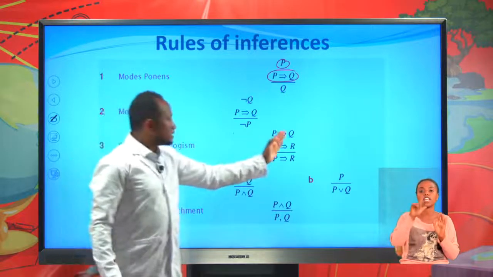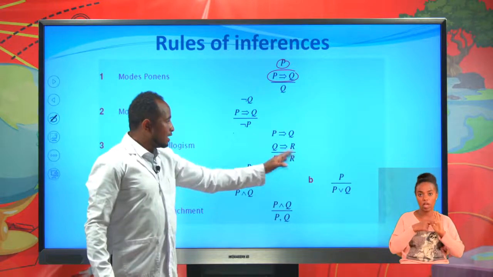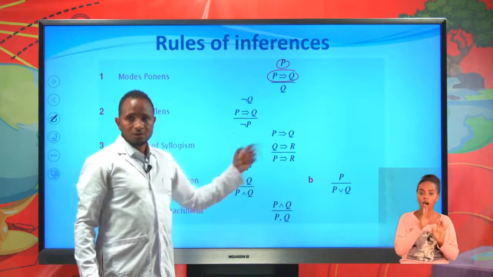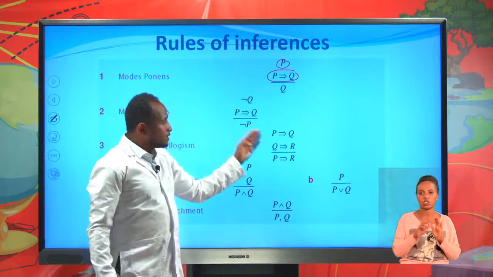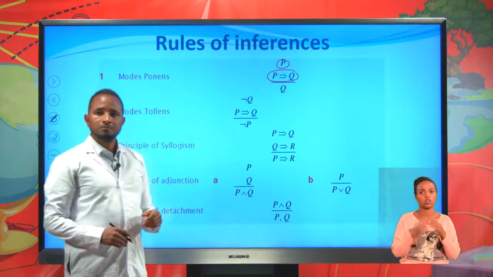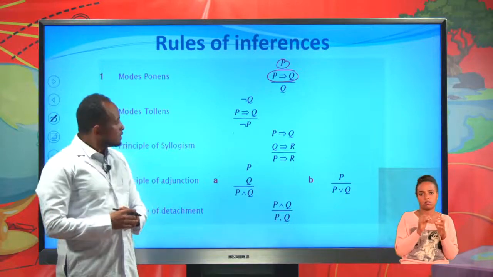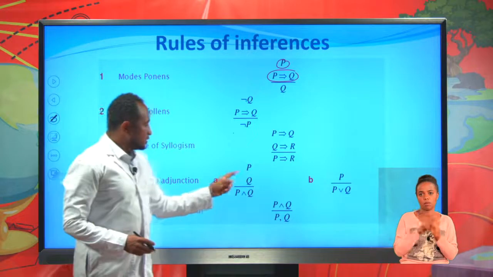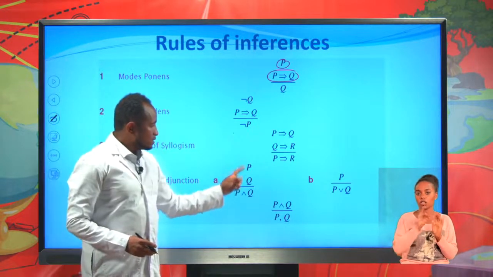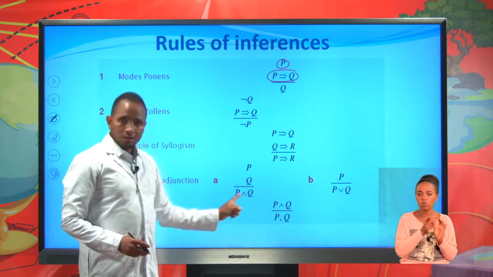Here we call this the principle of syllogism. If P implies Q and Q implies R, then P implies R is valid. By the way, you can test the validity of each using a truth table or by formal proof. So let's see this one, the principle of adjunction. If P is true and Q is true, therefore P and Q is also true.